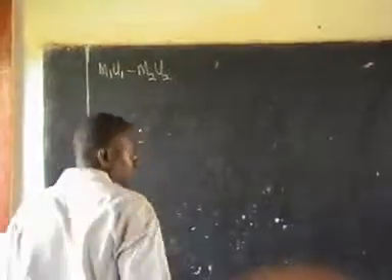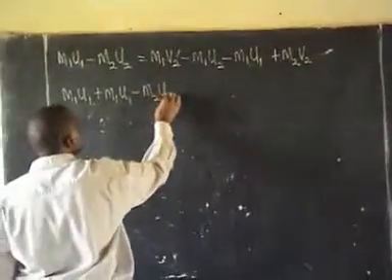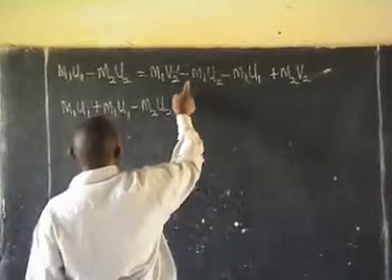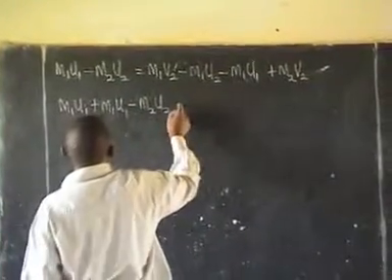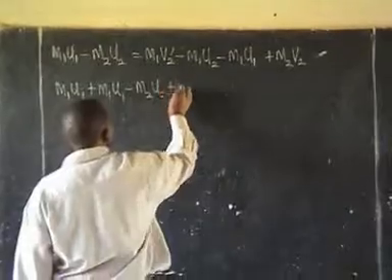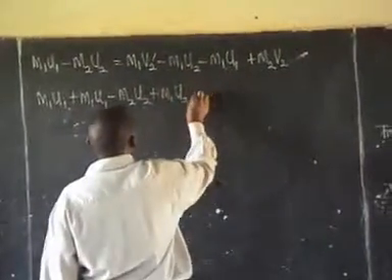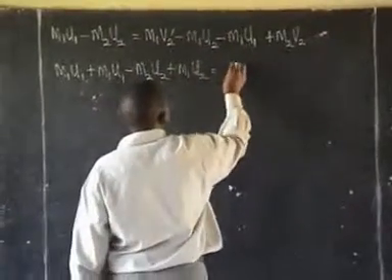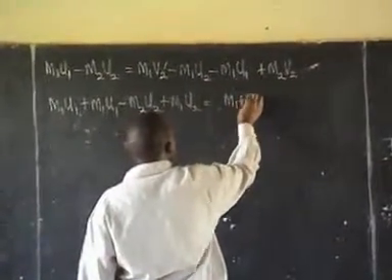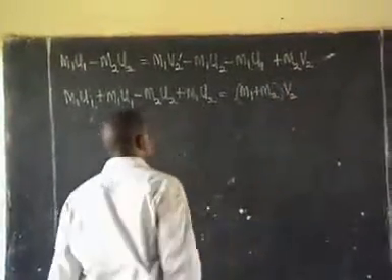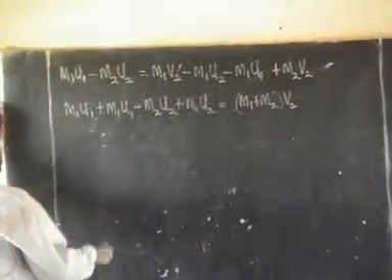M2 u2, M2 u2. So when this is processed, it becomes plus M1 u2 is equal to (M1 plus M2) v2. So you can simplify this further.